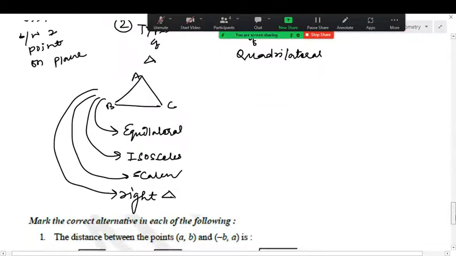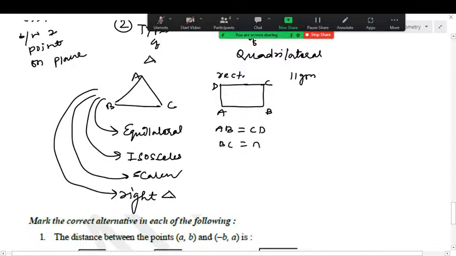The next application is types of quadrilateral. There may be the category whether it is a rectangle or a parallelogram. If it is a rectangle, all its sides are not equal, but opposite sides are equal. That means AB is equal to CD here and BC is equal to AD.